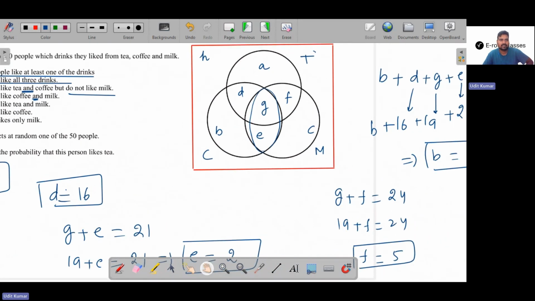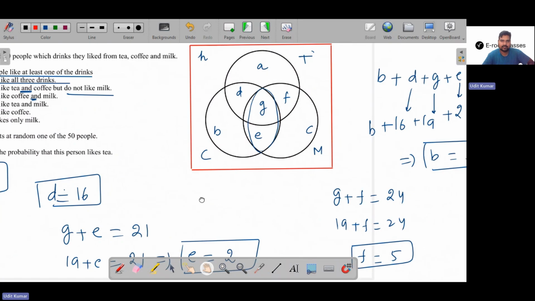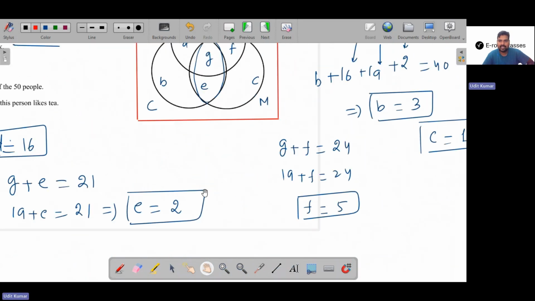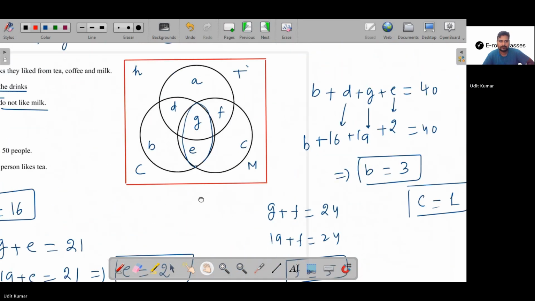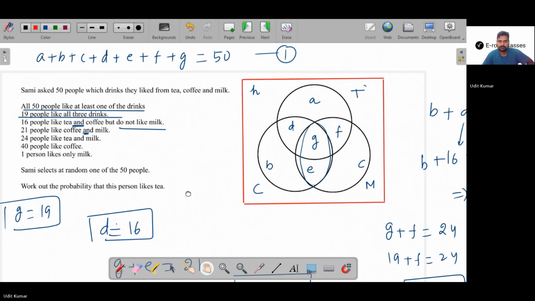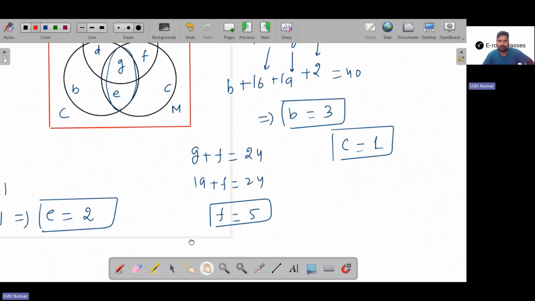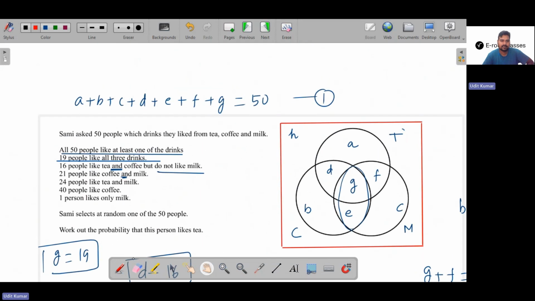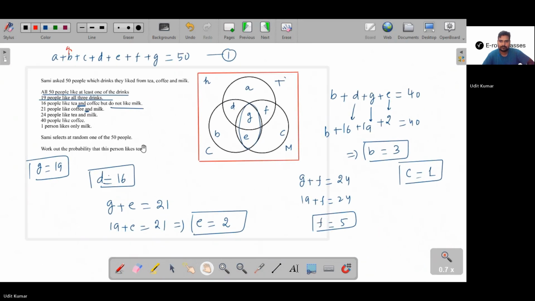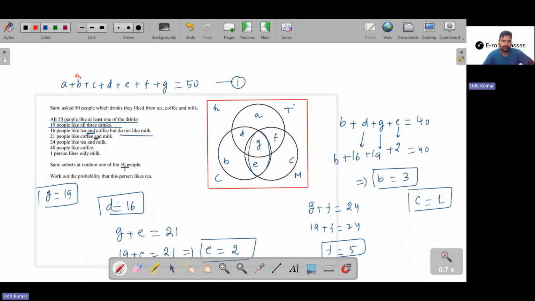Let's now fill all the spaces first. Do we have the value of A? No, we don't. What is the value of B? 3.